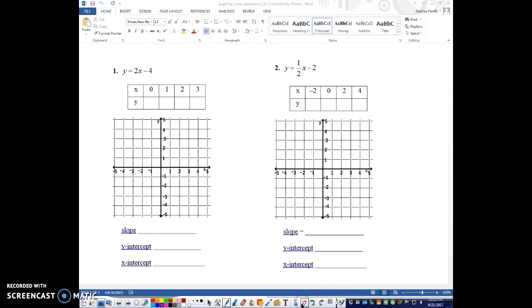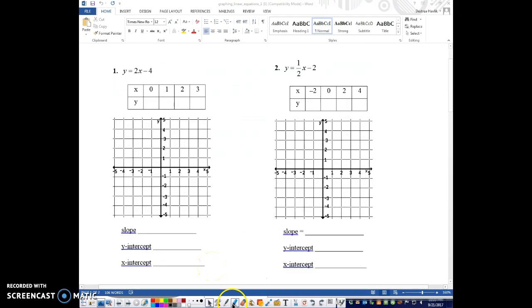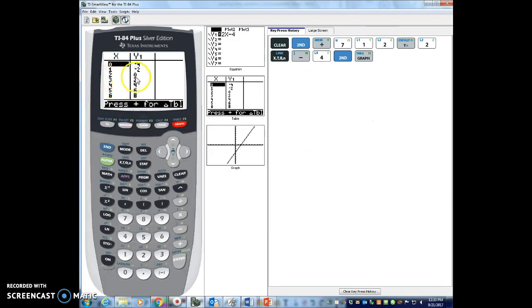Okay, now let's go back. When x is 1, y is negative 2. When x is 2, y is 0.